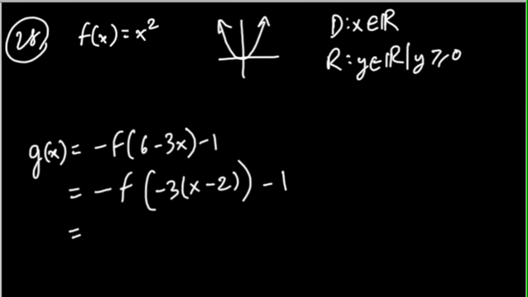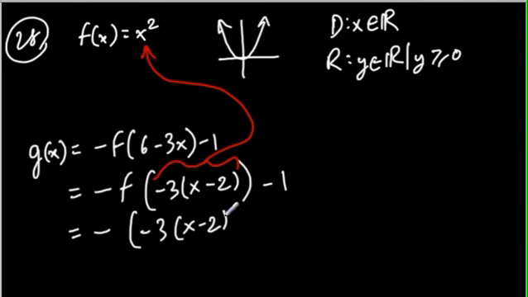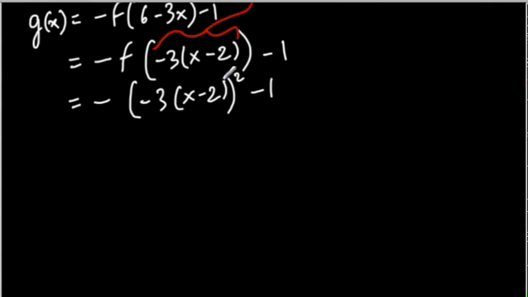Remember, all we're doing is taking this and substituting the argument right there. So it's negative (3x minus 2) squared minus 1. And if I square this, remember the negative inside will just become positive, so it's just negative (3x minus 2) squared minus 1.